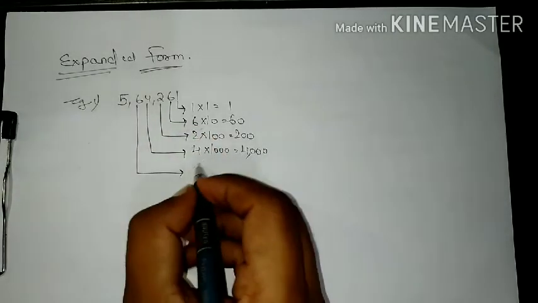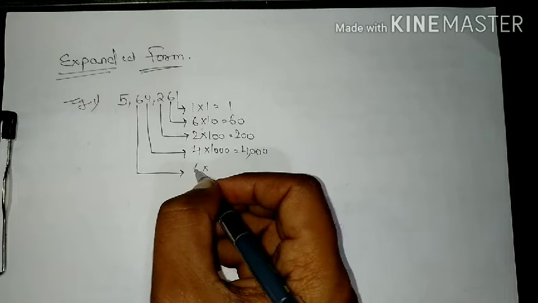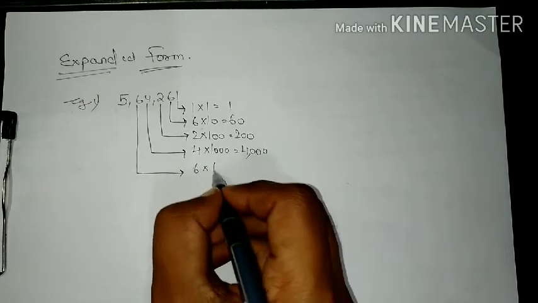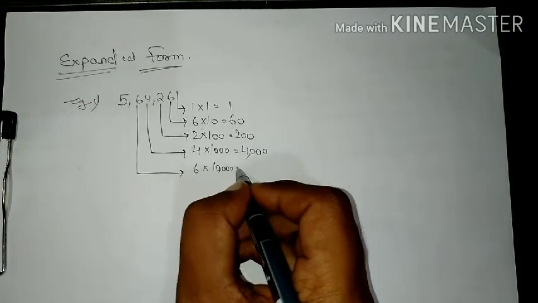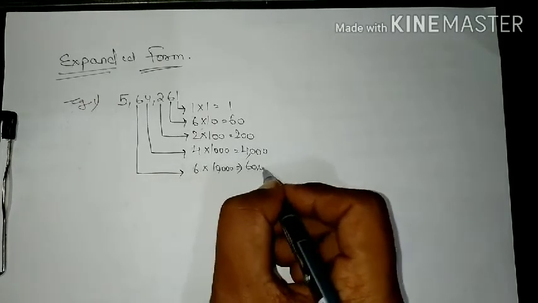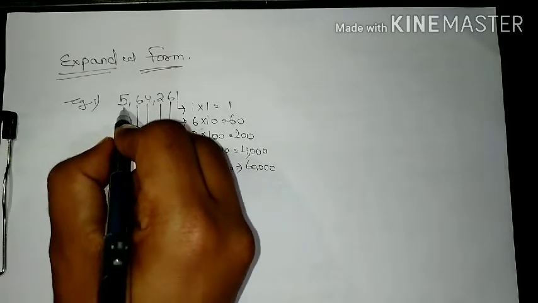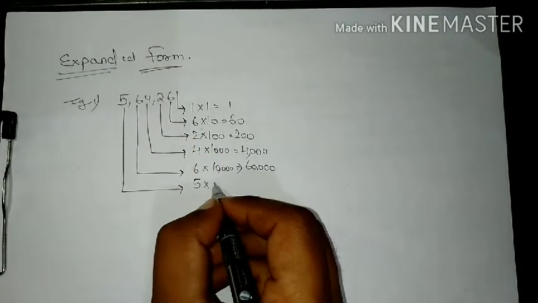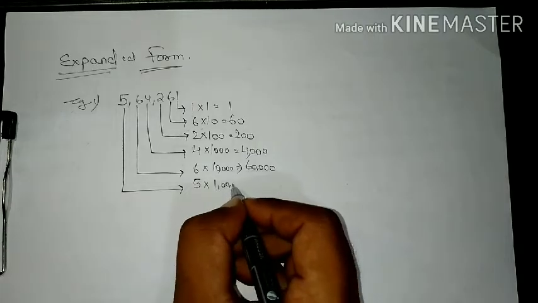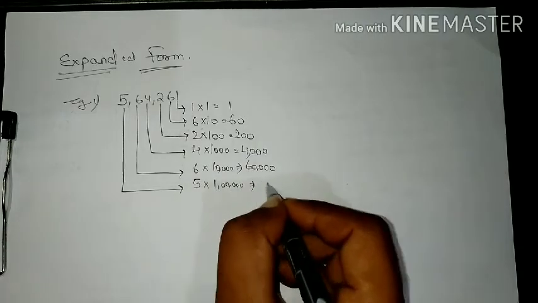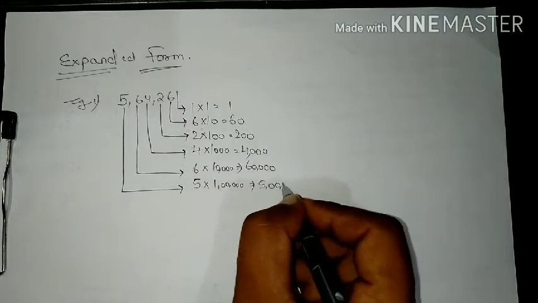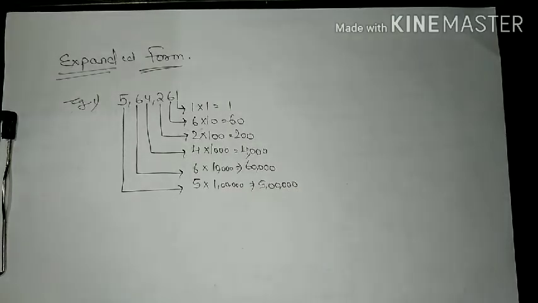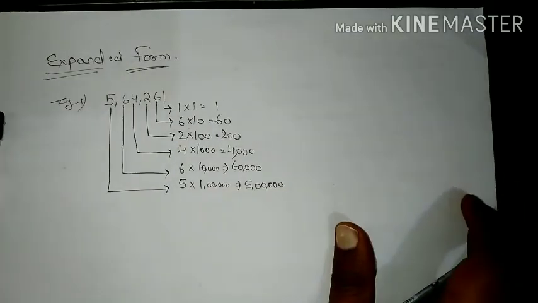This is at ten thousands place, so its value will be 60,000, and this is at the lakh place, so its value will be 5 lakh.